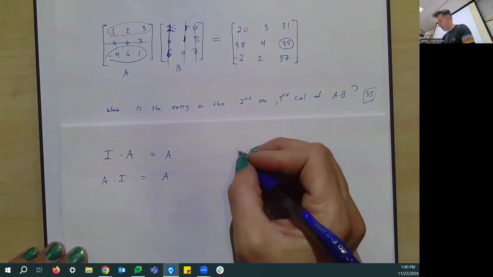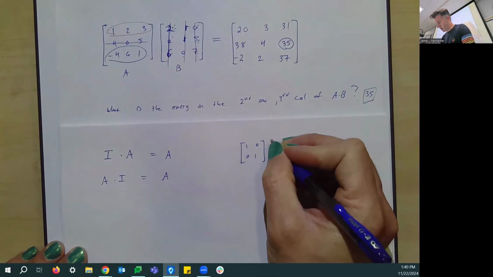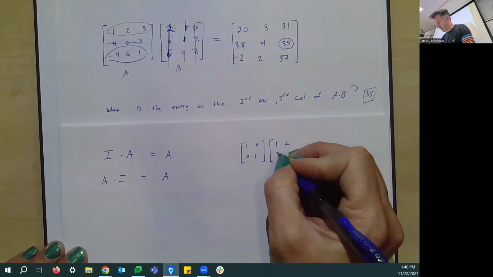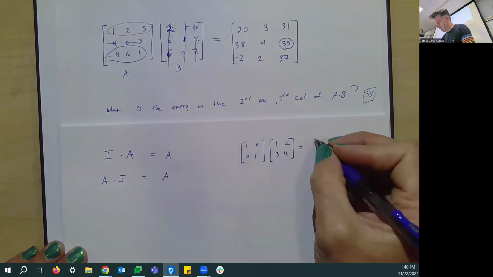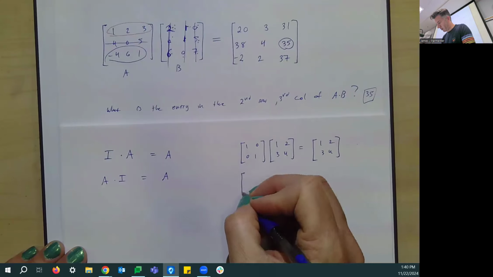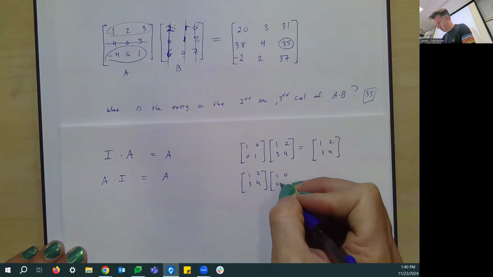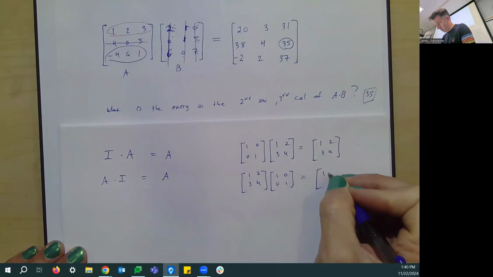For example, if you have the 2 by 2 identity matrix multiplied by the matrix 1, 2, 3, 4, you're going to get back 1, 2, 3, 4. And that's true if you do it the other way as well. 1, 2, 3, 4 multiplied by the identity 1, 0, 0, 1 is still going to give you 1, 2, 3, 4.